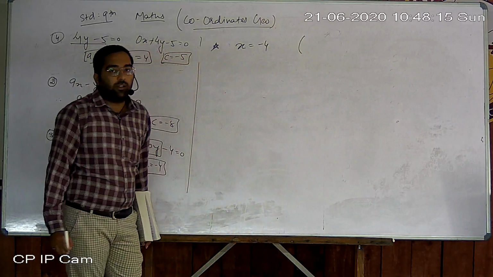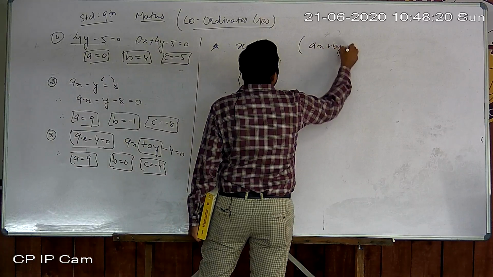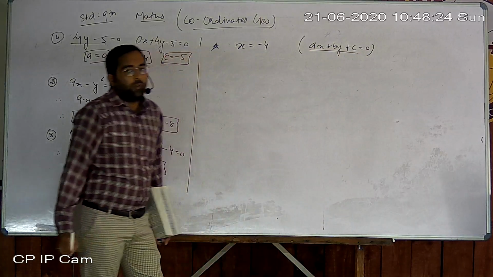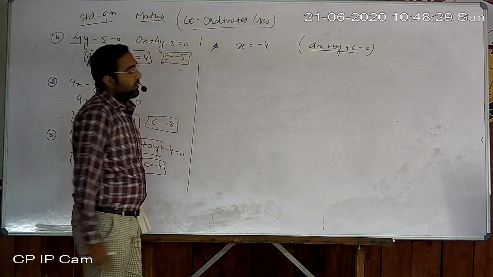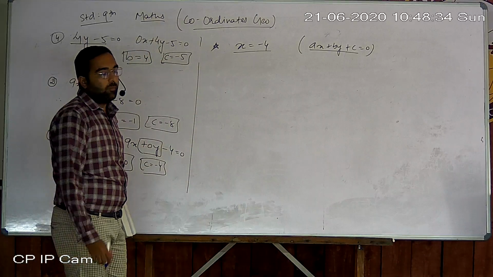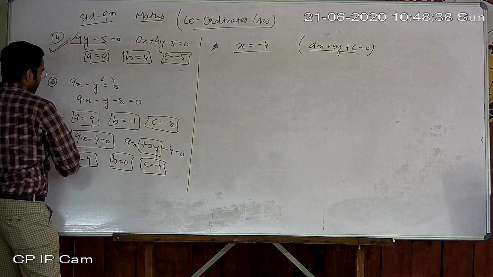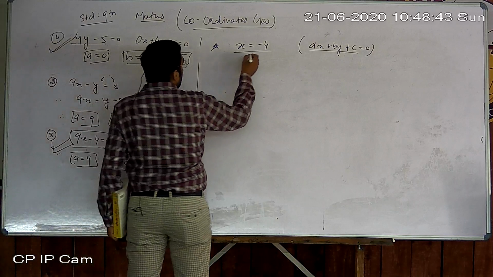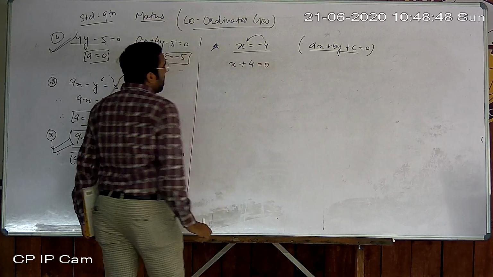My standard formation is ax plus by plus c equal to 0. In that case, you found that there are always two variables available in the formation. So in this case, I don't have any second variable. As per our previous question, first of all move the constant term with the equation.